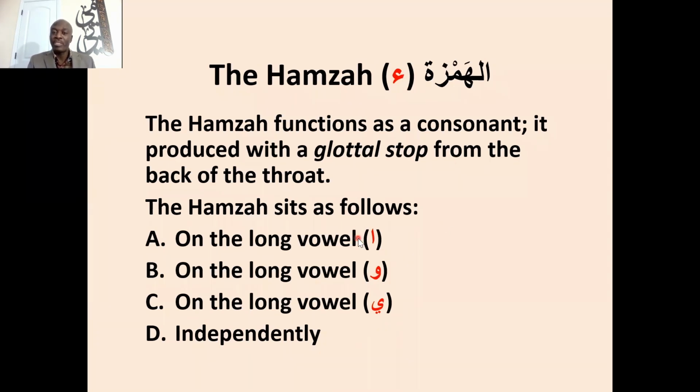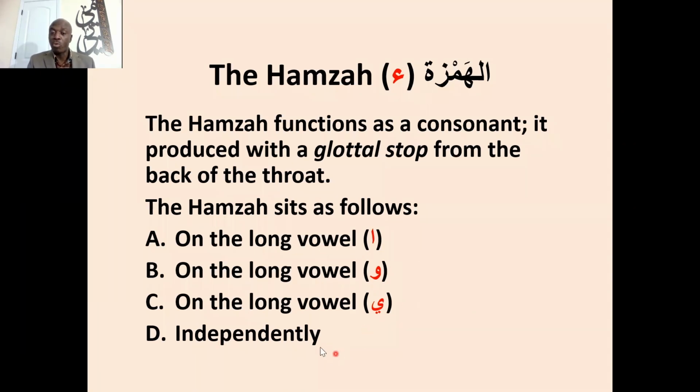We have three different seats, or three different chairs, that we sit the Hamza on. The first one, the Hamza sits on the long vowel Alif, and it also sits on the long vowel Waw, and on the long vowel Ya. And the Hamza can stand alone, or sit independently, in the middle of the word or at the end of the word, never at the beginning.